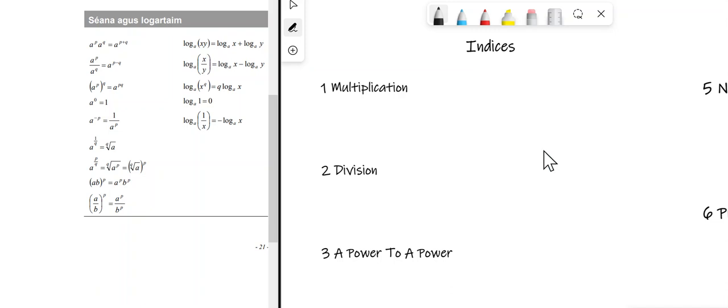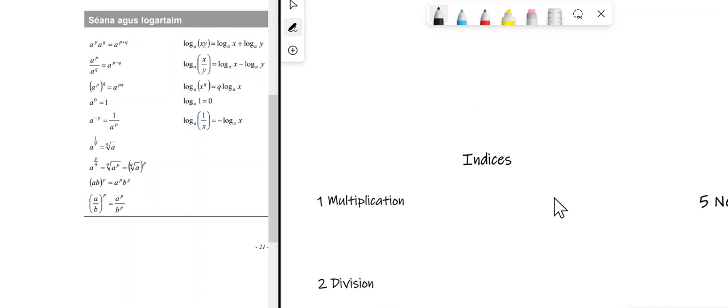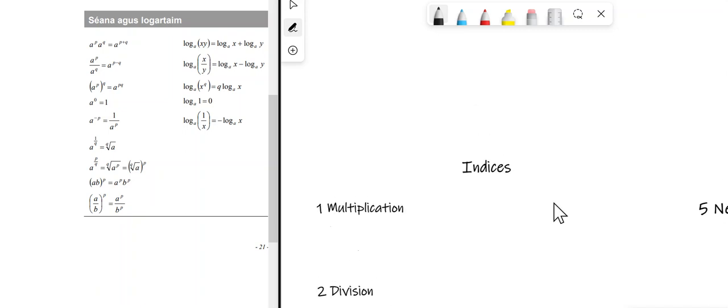What we want to think about before we start getting into indices is to get an idea of what indices are all about. The first thing we'd say is that if we take the numbers 1, 2, 3, 4, 5, these are called counting numbers or natural numbers.